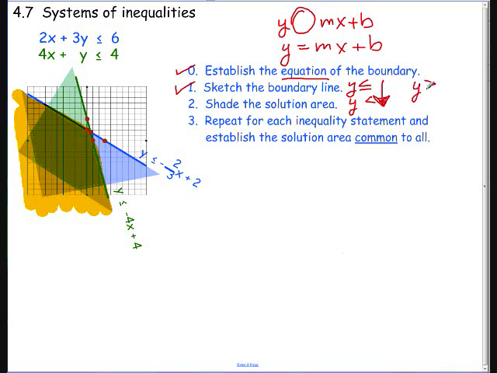If it's y greater than or equal to, or simply y greater than, you're going to shade above the line. You repeat this for each inequality statement, and you establish the solution space as the area that is common to all.